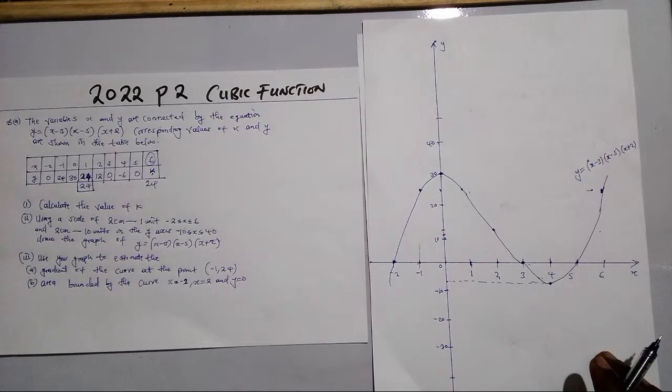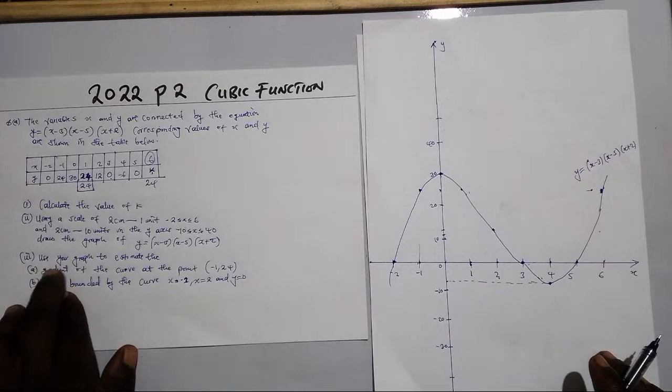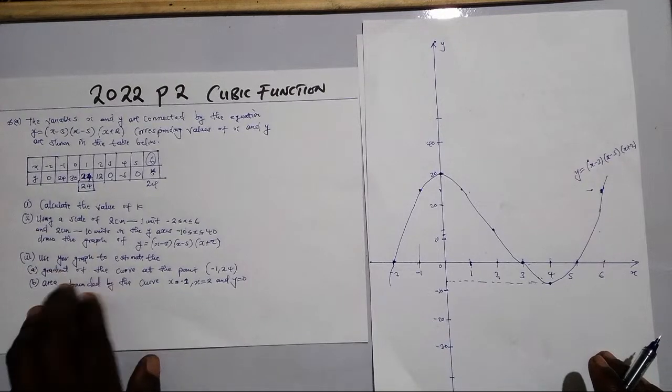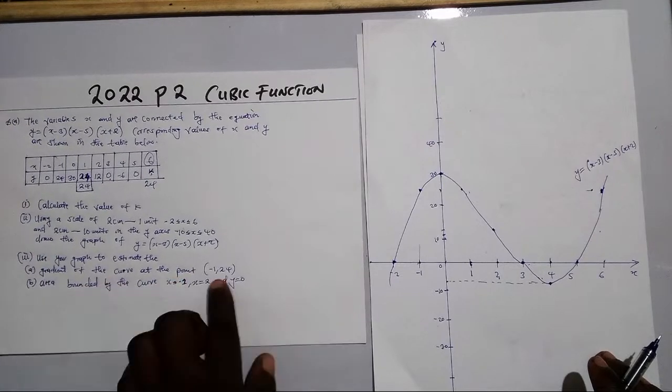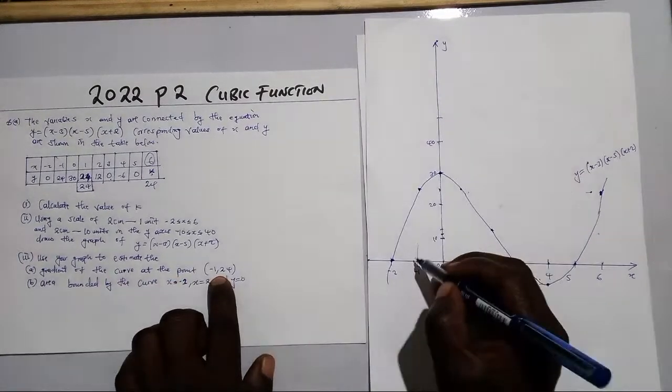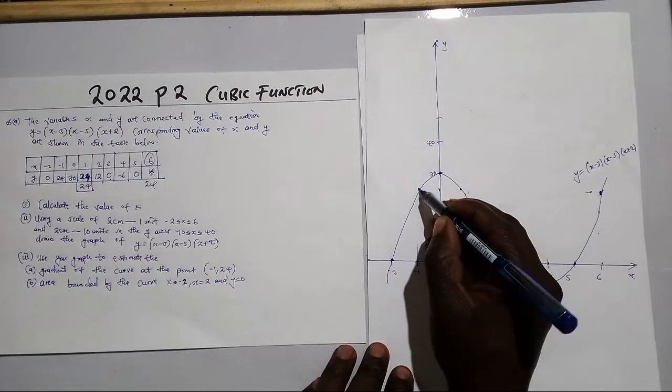Now from this graph, for Roman numeral 3, we are told to use the graph to estimate the gradient of the curve at the point -1 to 24. -1 to 24 is somewhere here. It is here, right?